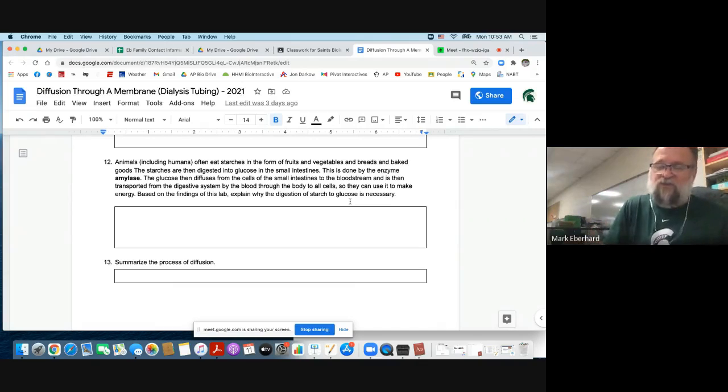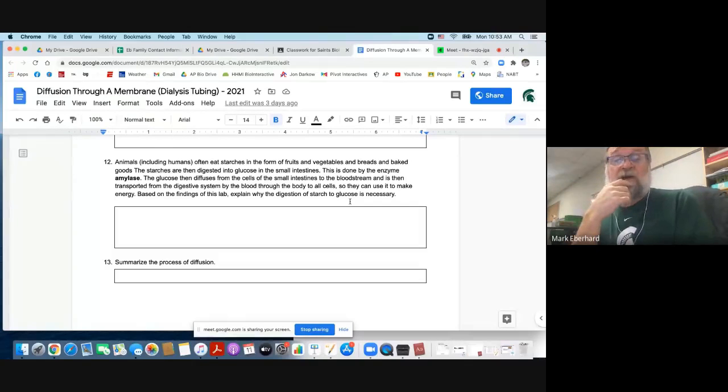Starch, complex sugars, are too big to pass through the membrane, but when digested, the small sugars can pass through the membrane. So really, the whole point of your digestive system is to break your nutrients down into small enough components so they can pass through the membranes and get to the cells. Break down those nutrients till they're small enough to pass through the membrane.